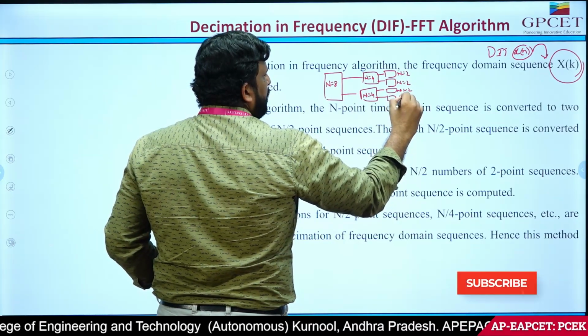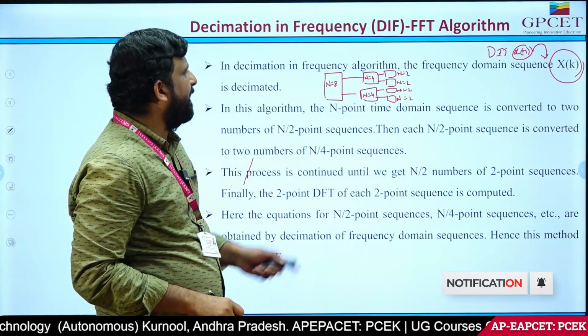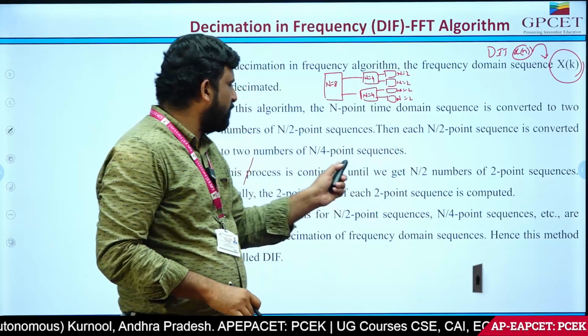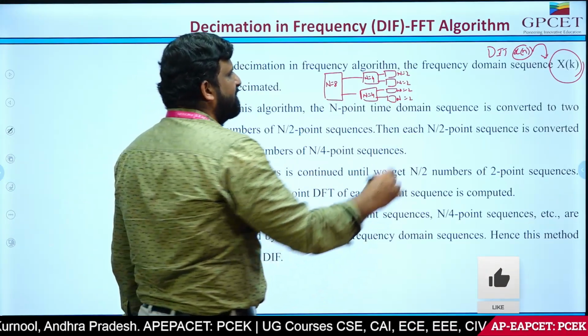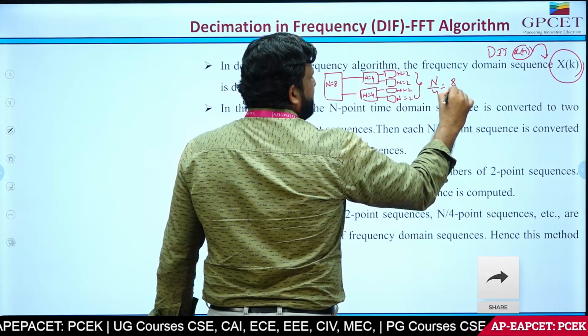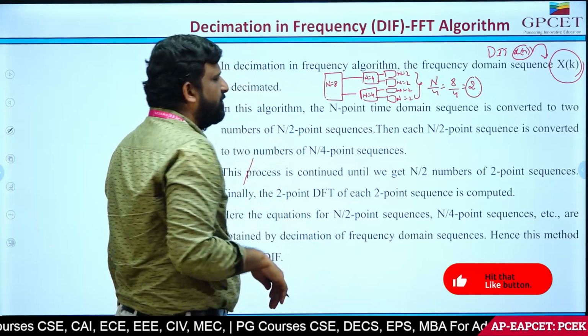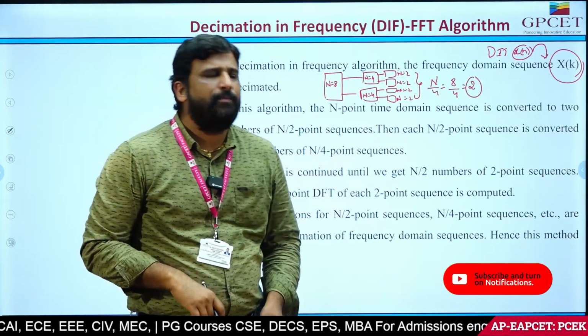Like this, we decimate all the blocks into sub-blocks. Here N by 4 is 8 by 4, that is equal to 2. Until we get the last two-point sequences, we keep dividing the blocks.